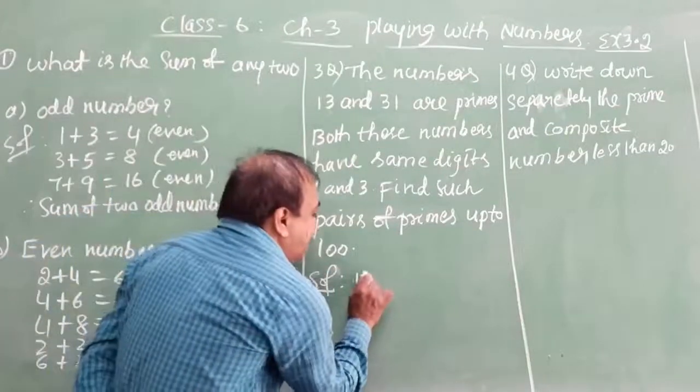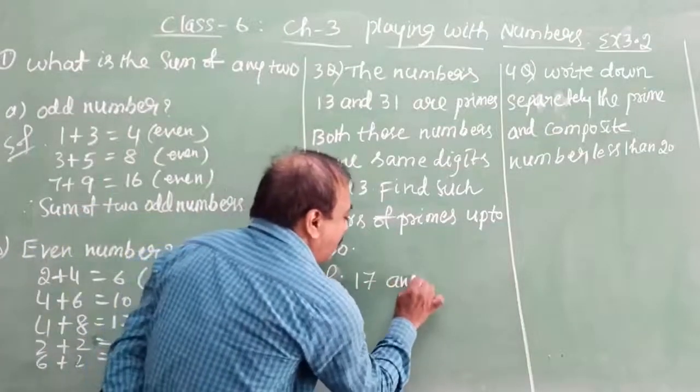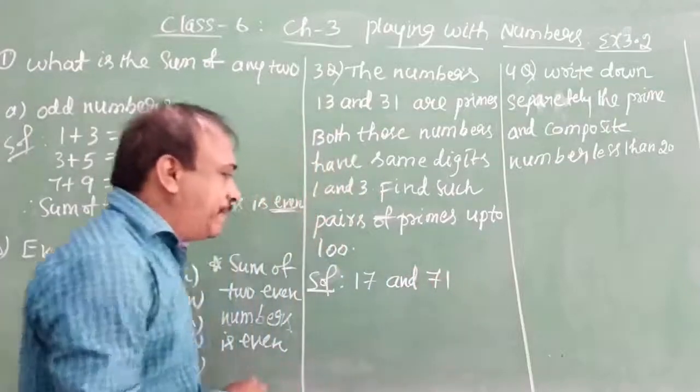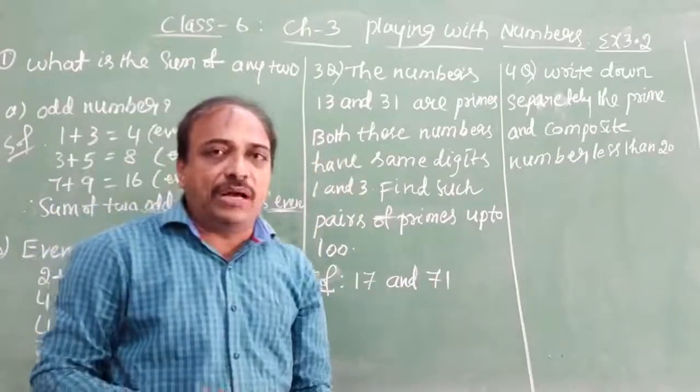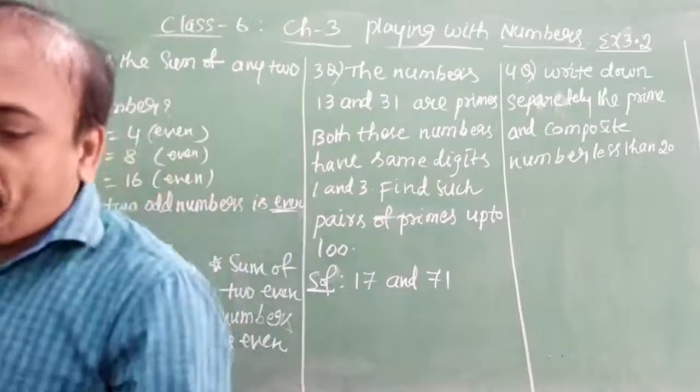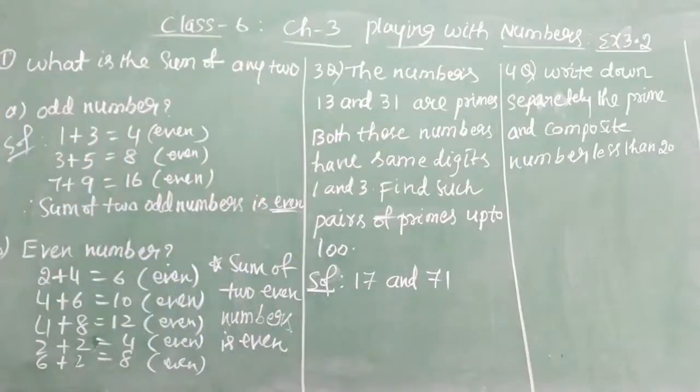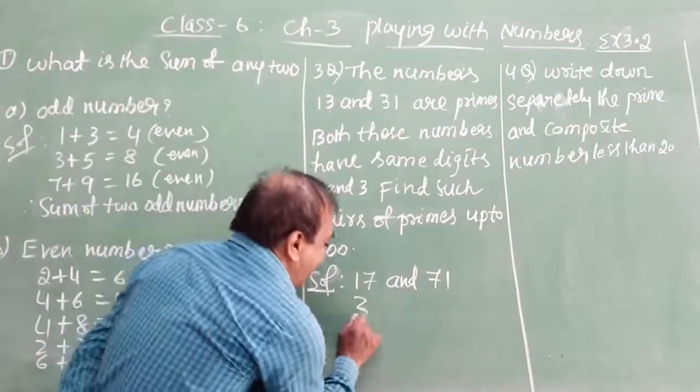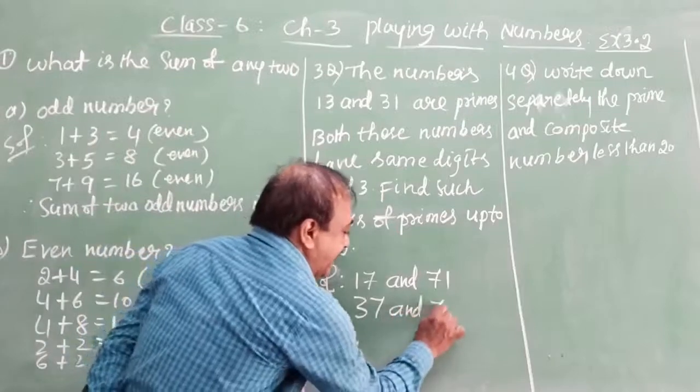So one is 17 and 71. I gave one example. Are you ready to give one more example? Yes, what is that? Right, 37 and 73.